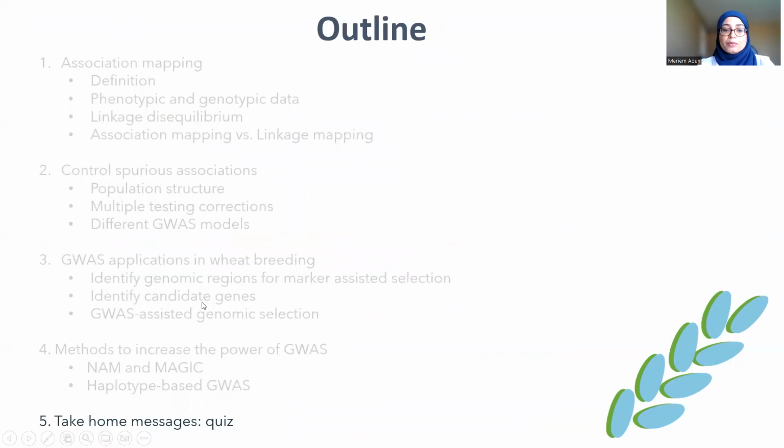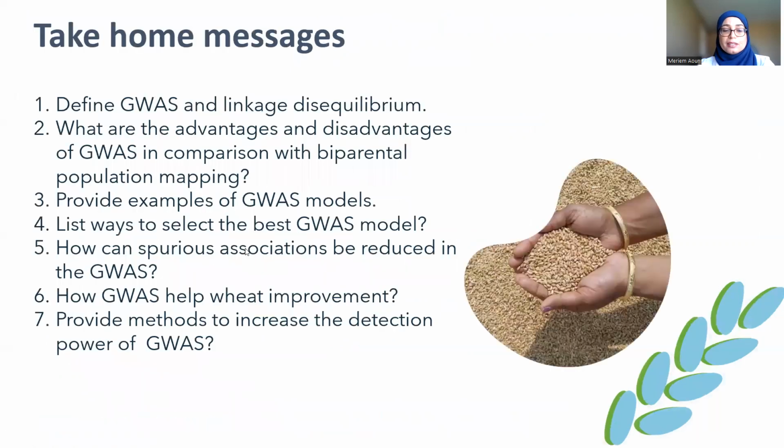So with that, I come to the end of this lecture, and these are the take-home messages that I would like you to get from this class. The first is, what is a GWAS and linkage disequilibrium? What are the advantages and the disadvantages of the GWAS in comparison to biparental populations?